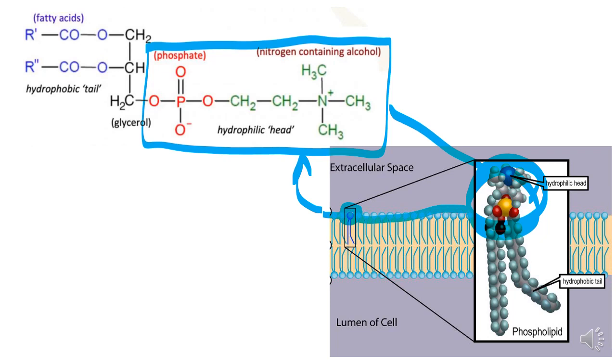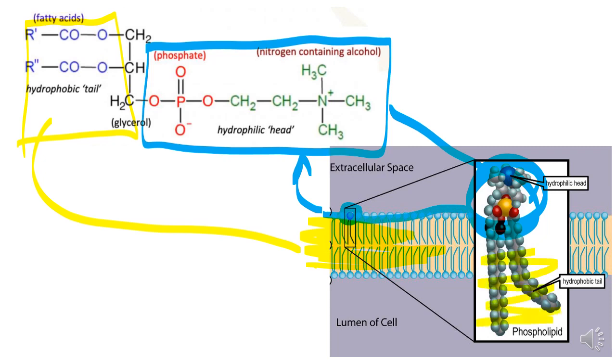We then have over here a section that is hydrophobic, which are these leggy bits that we've got here, and these leggy bits we've got here. So this is what is called a phospholipid bilayer. It's a bilayer because there's two sides of it.